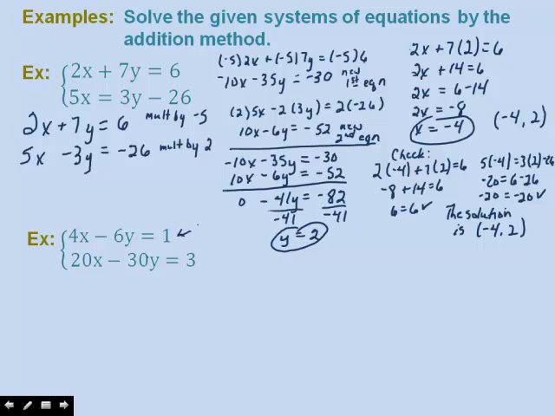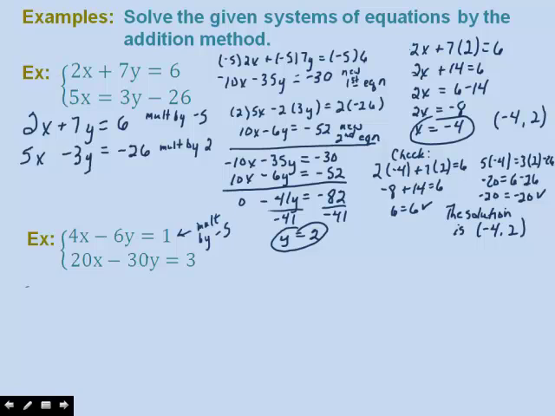Let's decide to eliminate our y's. So that would mean that we'd have to multiply this by a negative 5.